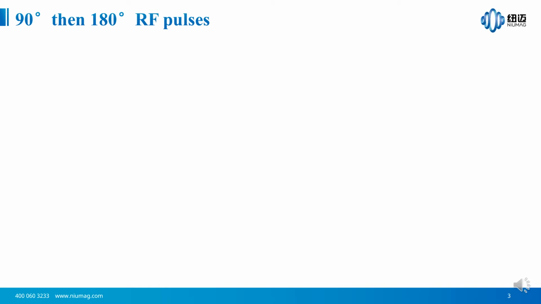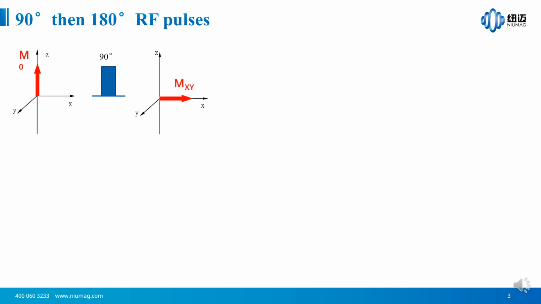The 90-degree and 180-degree pulses were introduced separately earlier. Now we learn about the combination of 90-degree pulse and 180-degree pulse. For example, the case of adding 180 degrees after 90 degrees. The 90-degree pulse is exactly the same as the one described earlier.